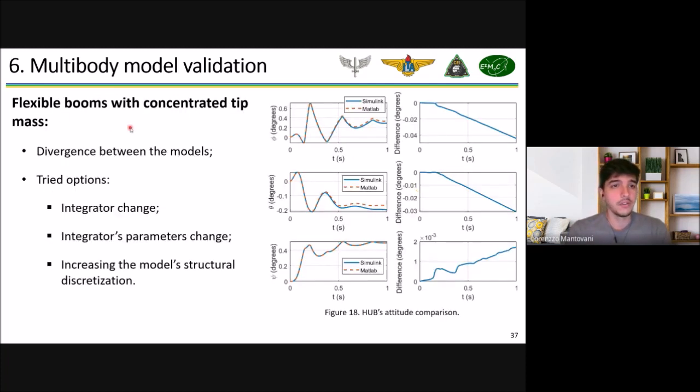Then we applied it to flexible booms with concentrated tip masses, but now we can see that the curves are not overlapping each other anymore, and so we tried to change some things such as the integrator parameters, or the structural discretization, to see where the problem could be.